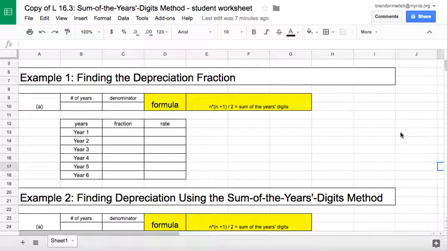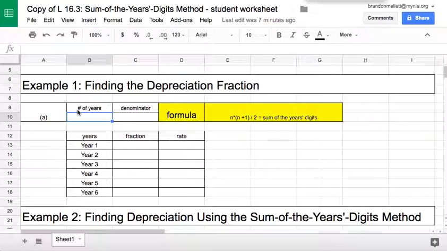And the way they do this is by first providing the amount of years. So for the first example, they have an amount of 6 years for the time for depreciation. Now they calculate this by using a denominator as well.